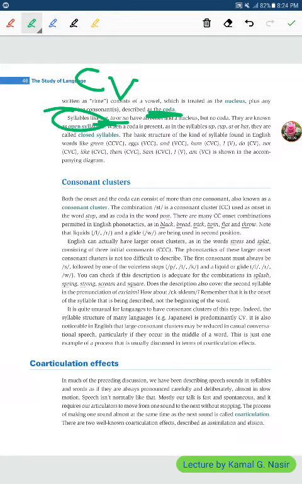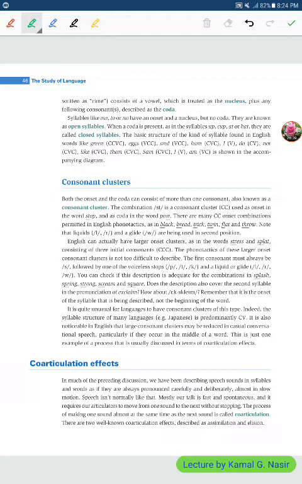The coda, like for example the word cup, which is CVC. What do we call this? We call this word a closed syllable, that this word involves or contains what? A closed syllable, right? This is the difference between the closed syllable and the open syllable.